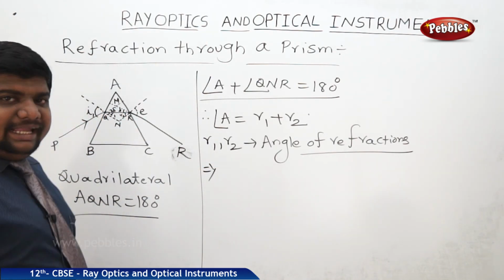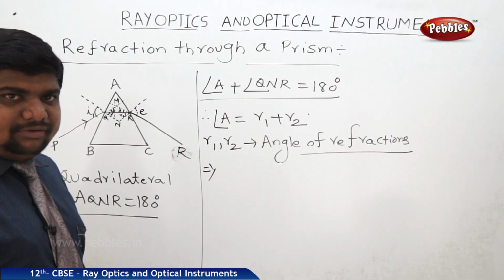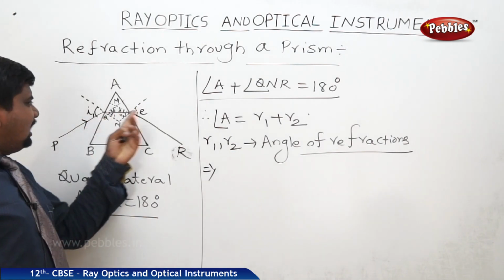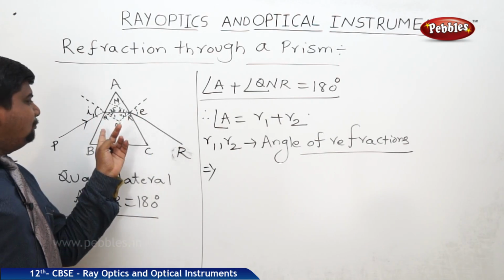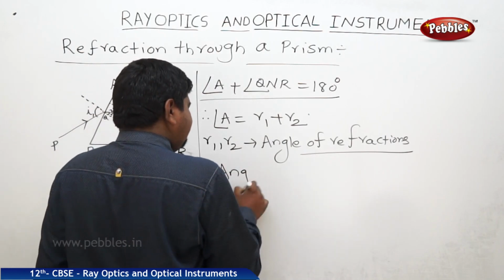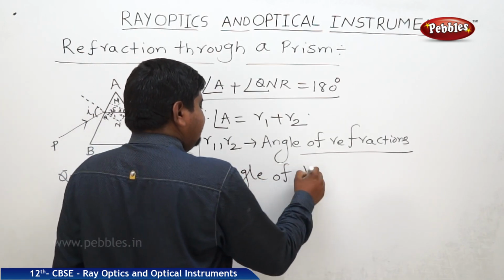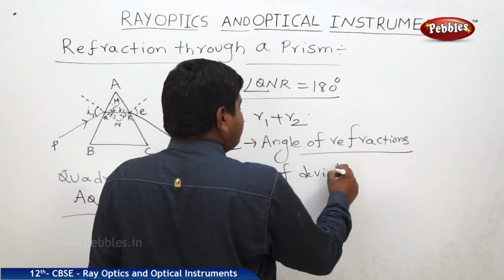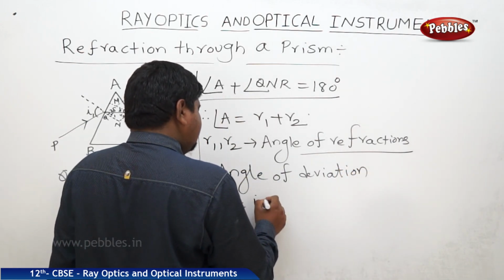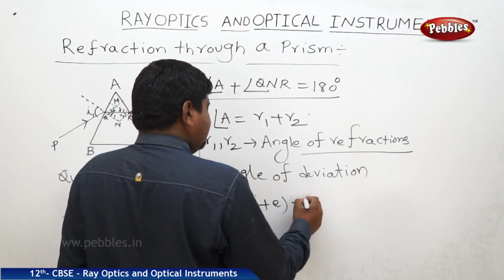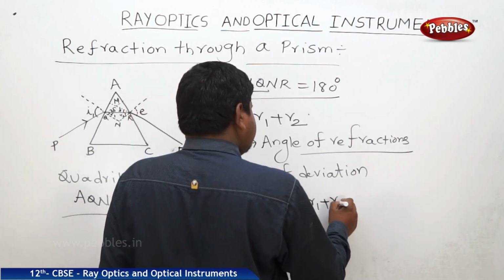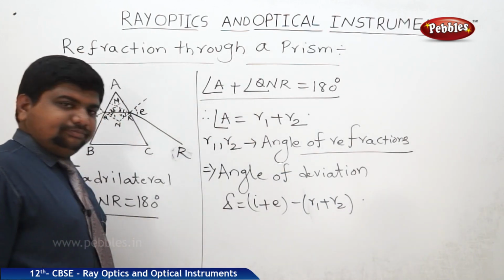Next, we know that angle of deviation is equal to I minus R. But what are the total angles here? I plus E minus R1 plus R2. Therefore, angle of deviation delta is equal to I plus E minus R1 plus R2. We know this.